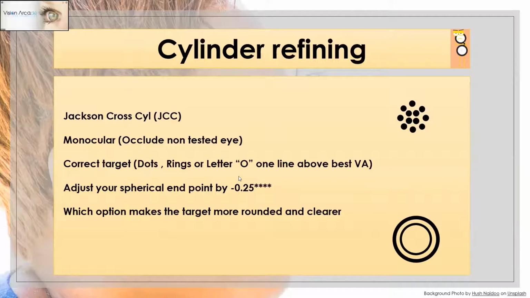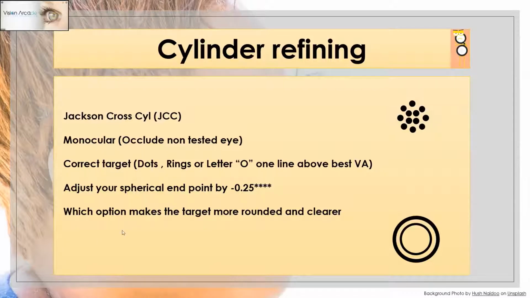When I use a Jackson cross cylinder for cylinder refining, you have to be specific about the targets used. On the presentation there, I've got two sets of targets. Either use round dots or circular rings. If you don't have any of that, you look at the smallest line the patient has been able to achieve and go one line above that. If you can place a circular target like an O, that works.